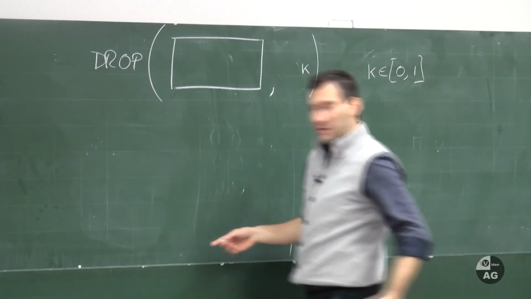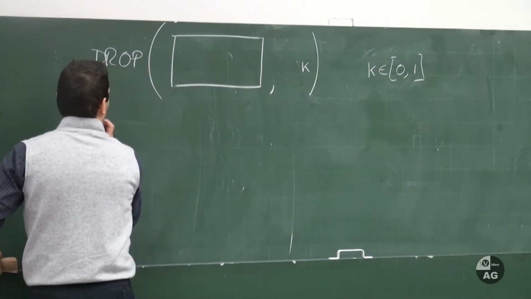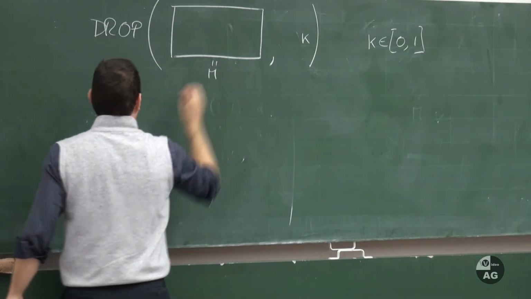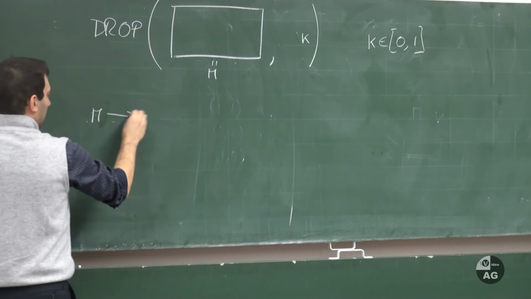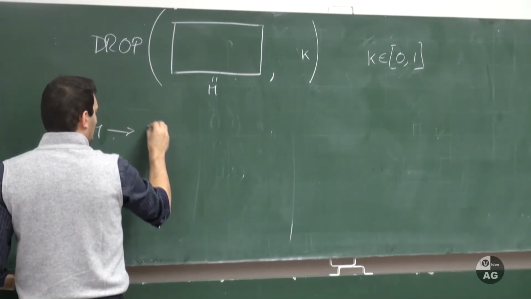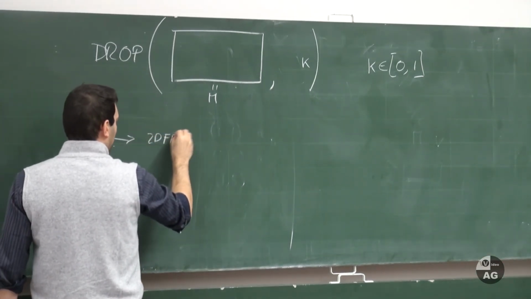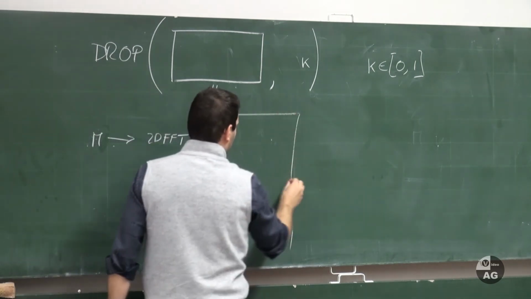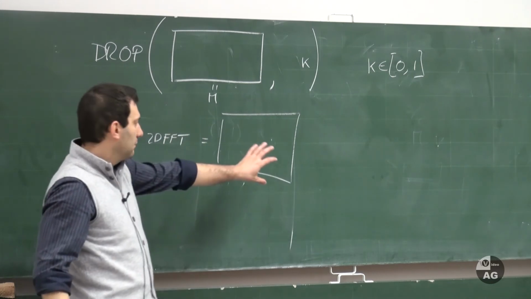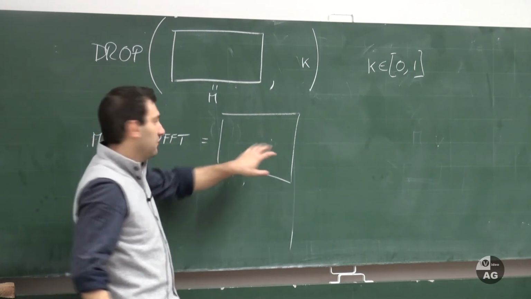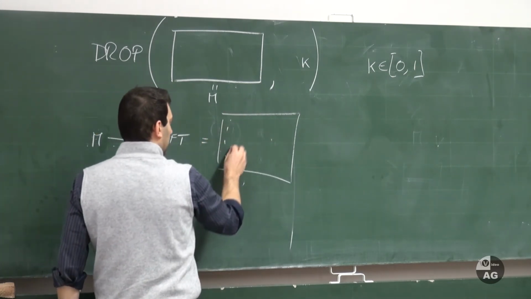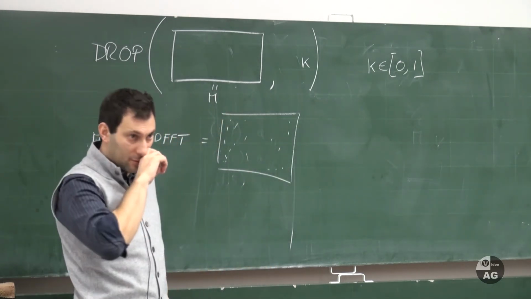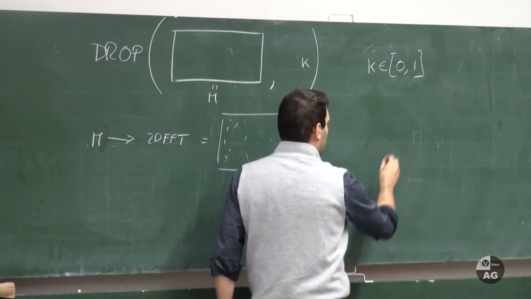What does your function drop do? This thing is called M. It goes from M to its 2D FFT. So from this image, we go to another image, but it contains the frequencies of this thing. Oh, I probably should have put it in the slides.